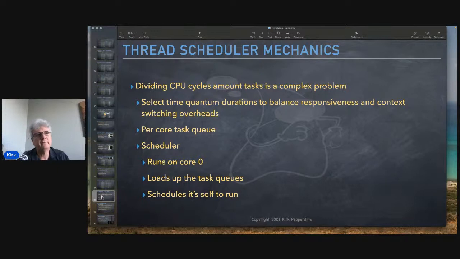And there's all kinds of harmonics in the system that might interfere with that also. It's a very complex environment to run in, because for instance, if you're bound to run on core 0 and core 0 is busy, you're not running on core 0. You have to wait until your turn until you can run again. Meanwhile, all of your other cores are going to be left effectively idle.